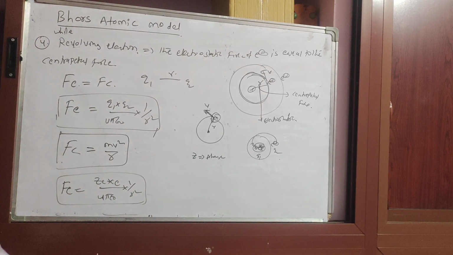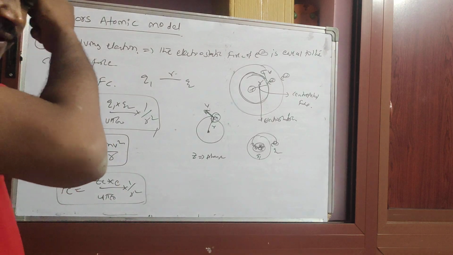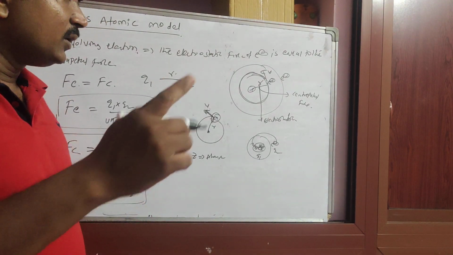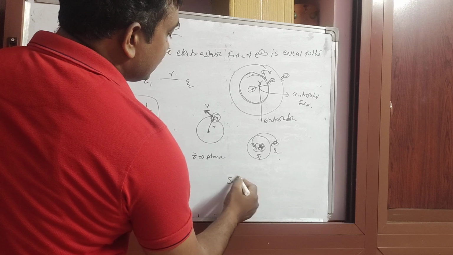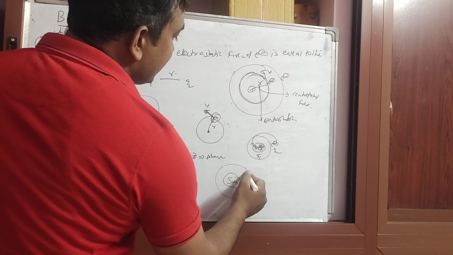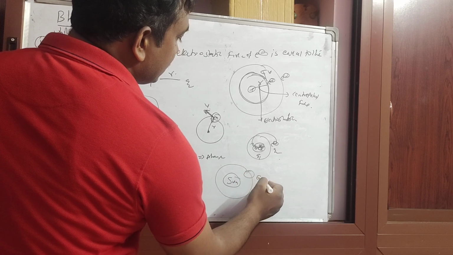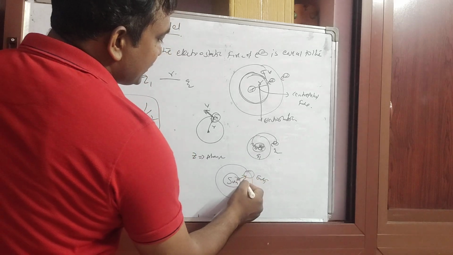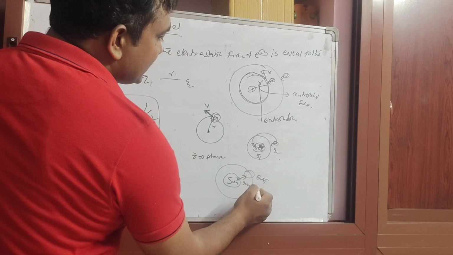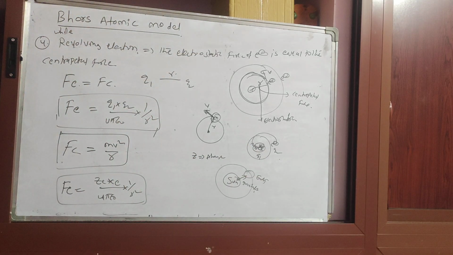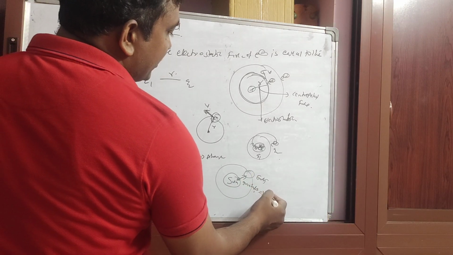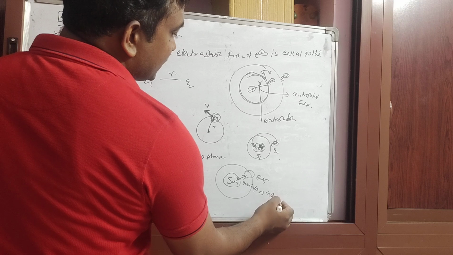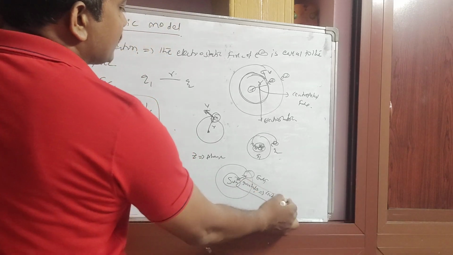This is the electrostatic force, this is the centripetal force. In case of the sun, if you take the sun surrounded by the earth, the earth is attracted towards it by the gravitational force. This gravitational force on any object is balanced by the centripetal force.